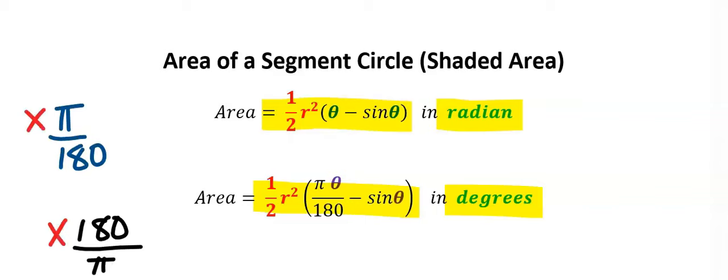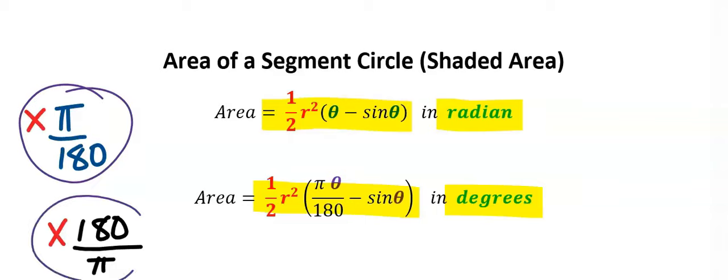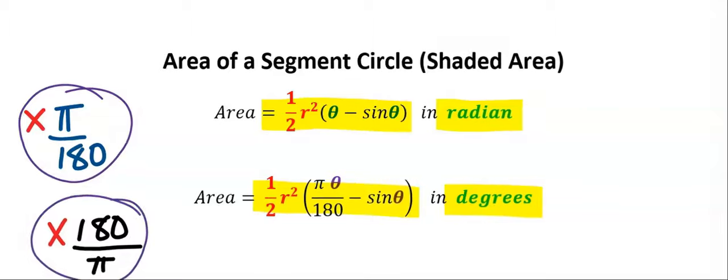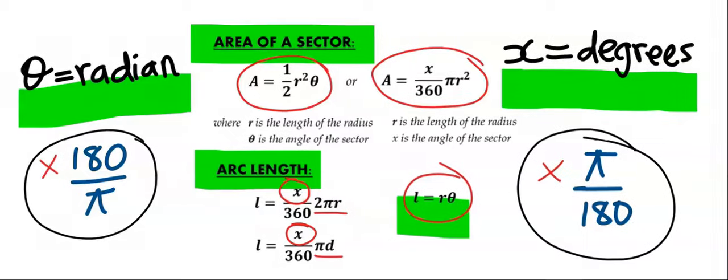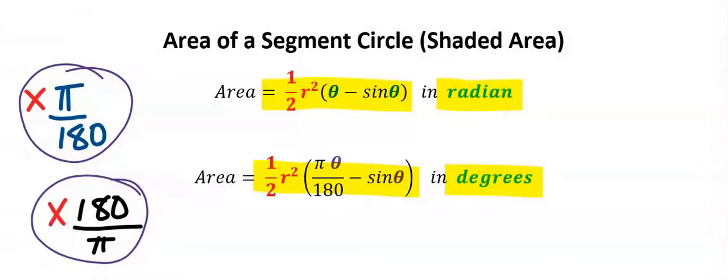You must be able to convert radians to degrees and degrees to radians. How to calculate the area of a sector and how to calculate the area of a segment have been treated in a separate video.